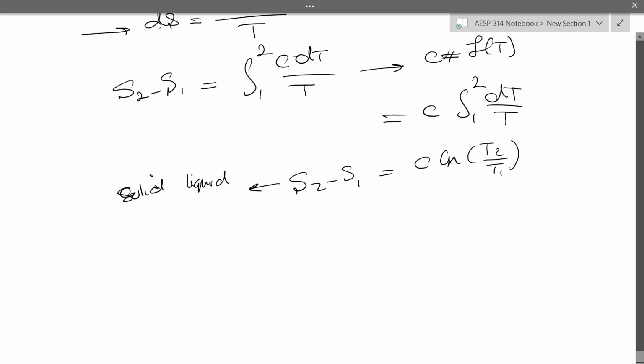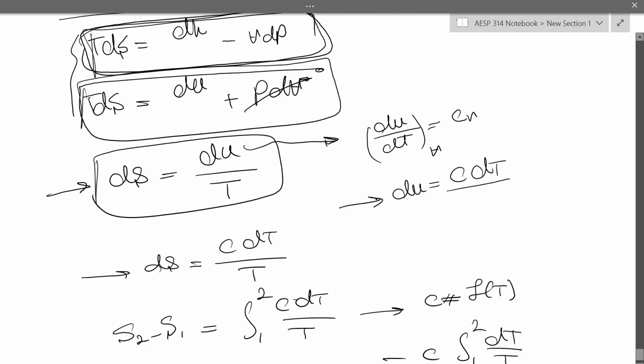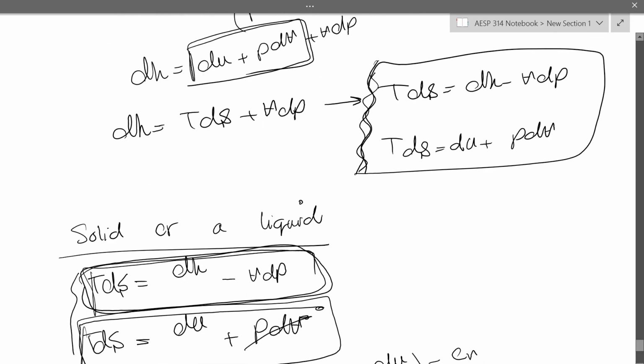Well, what can we do for an ideal gas? Let's go back to these original equations. Let's actually finish this next week.